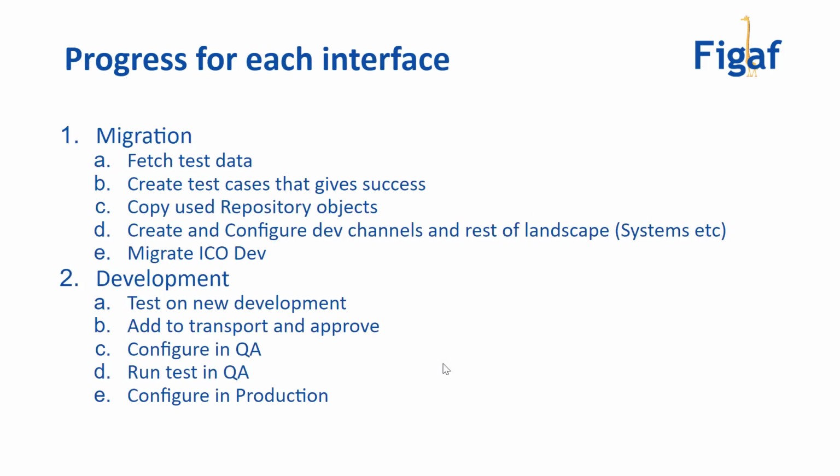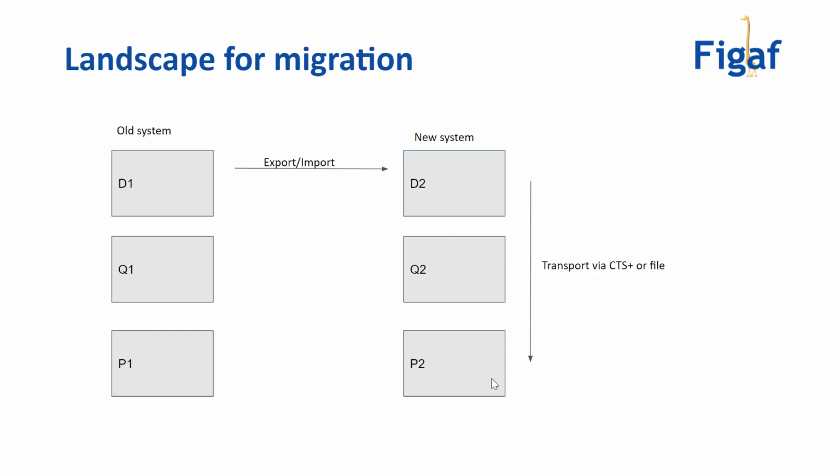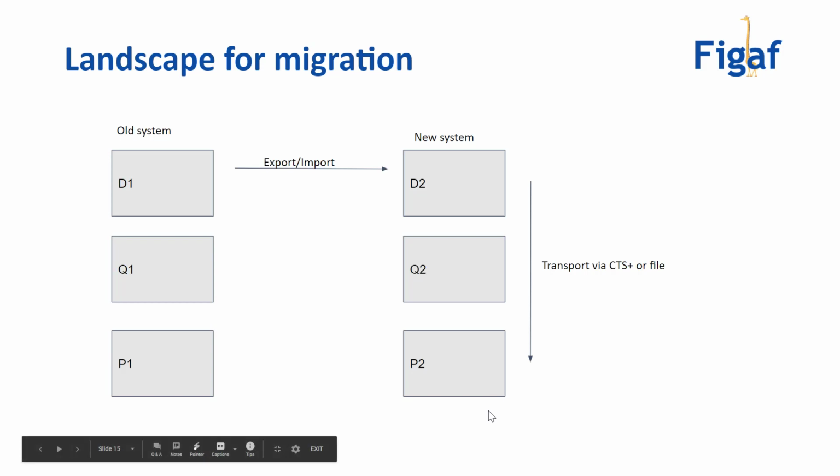So we have two steps in our process here. One is for the migration, where we copy all the data, create test cases, copy all the repository objects, and migrate it to the new system. And then we have another one where we go into the new system and configure communication channels, activate them and everything like that. So hopefully we'll get to do both.